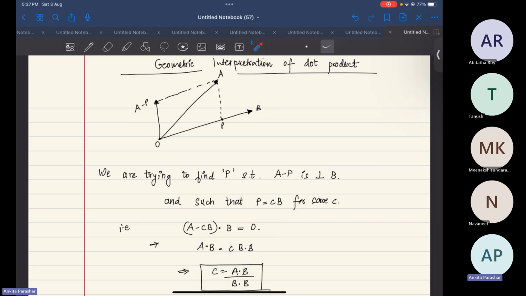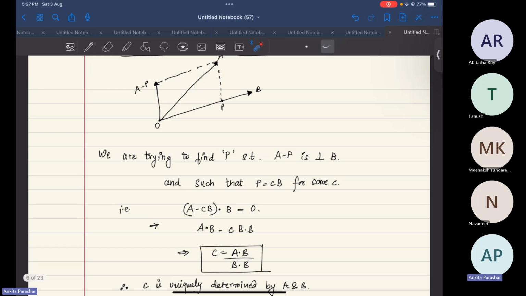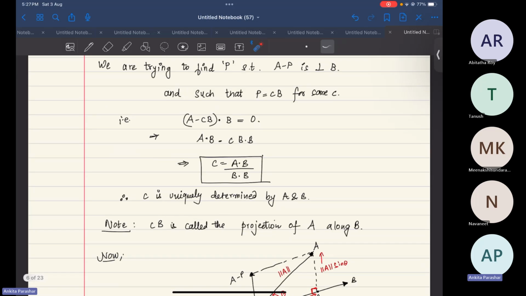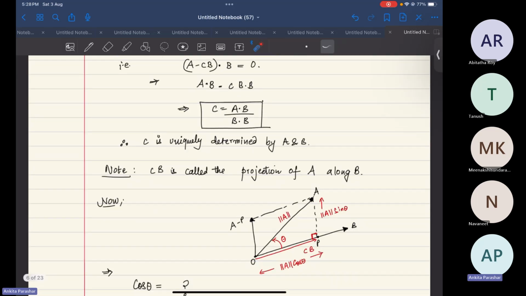But is there a way? Can we do that? Assume that there exists a point P such that A minus P is perpendicular to the vector B. That means it should satisfy this condition that A dot B is the same as C times B dot B. And from this I can very well write what C is. That means C is uniquely determined.